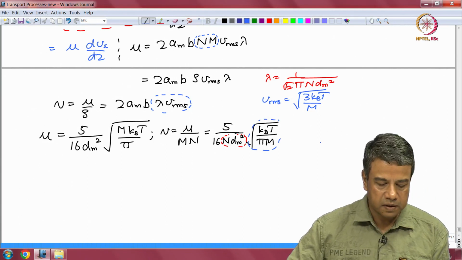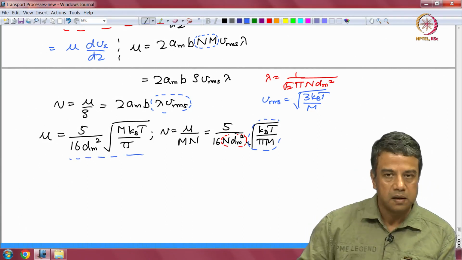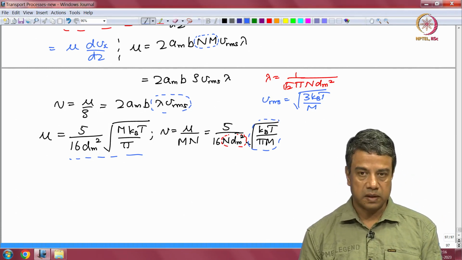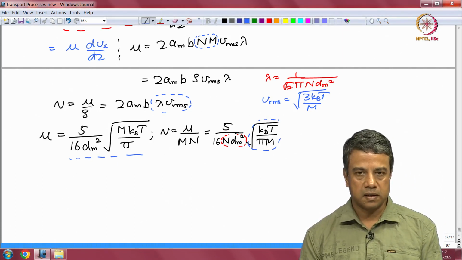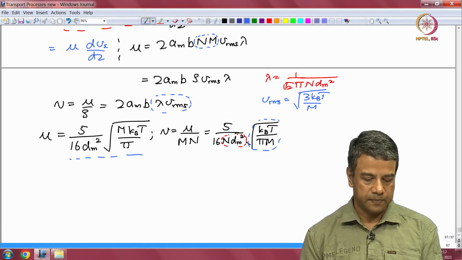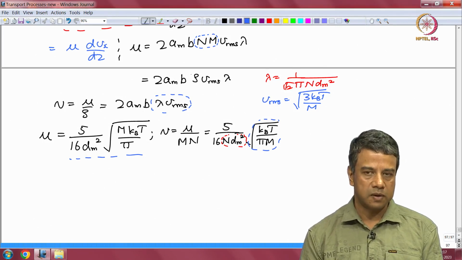Note that the viscosity is independent of the number density or the density of the gas. It depends only on temperature to the half power for hard sphere molecules. The diffusivity goes as 1 over the density. So, in gases the viscosity is independent of density. It depends only on temperature. It is proportional to square root of temperature for hard sphere gases.